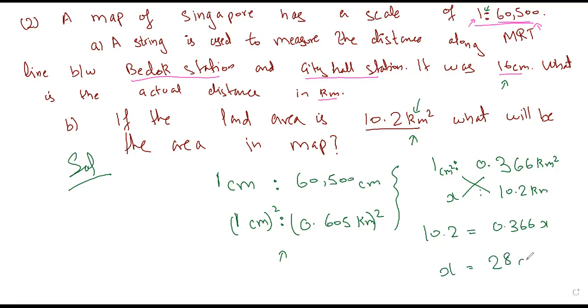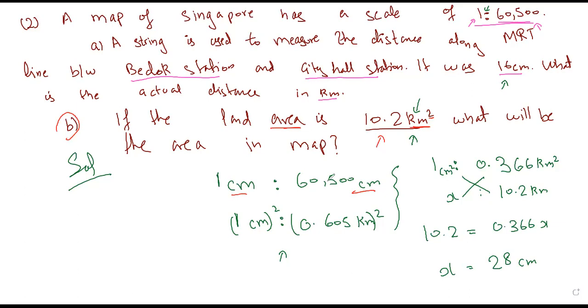Now I will explain this again. Don't worry. Look, in this question, our scale was for centimeters, right? And the second part is about area and the units are kilometers square. You cannot use this ratio directly in order to find the area on map. First, you need to have a scale for area.